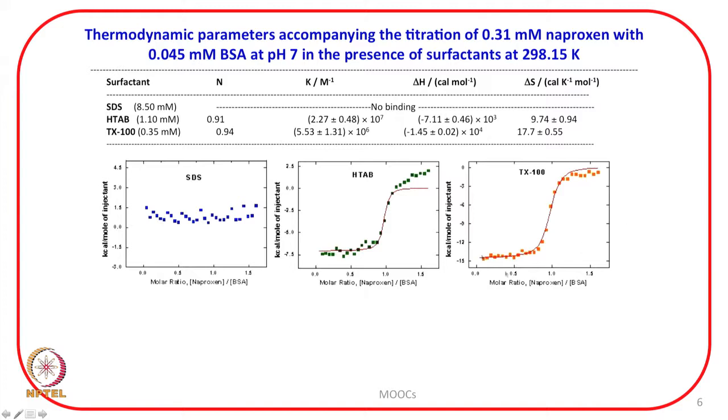And this conclusion gets support because the non-ionic surfactant is not interfering in the binding to a large extent. It has only reduced the binding affinity from 10 raised to the power 7 to 10 raised to the power 6.